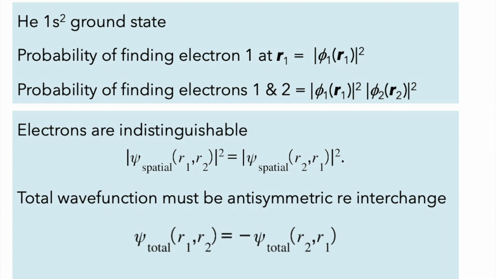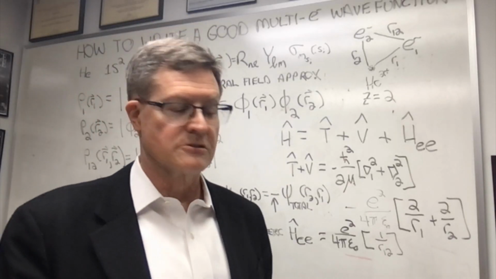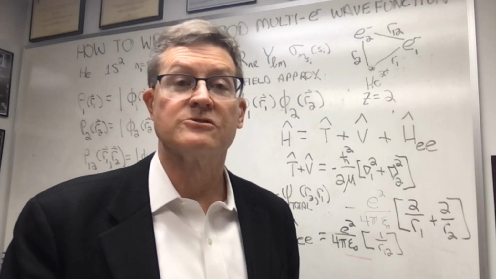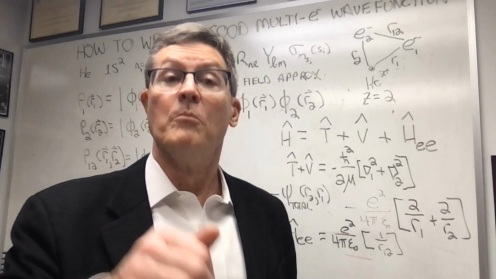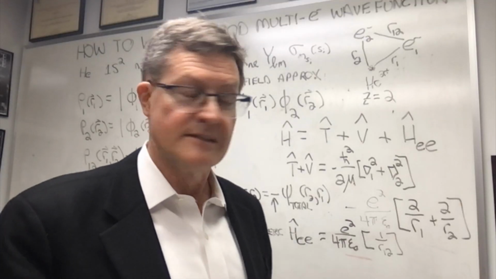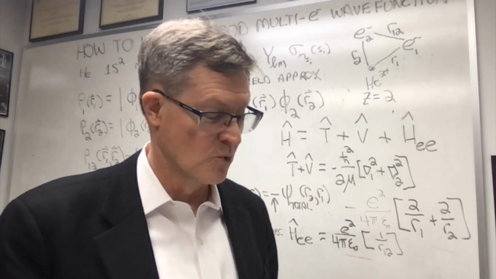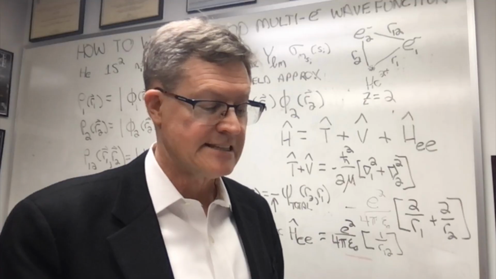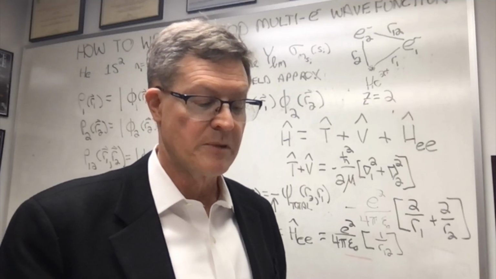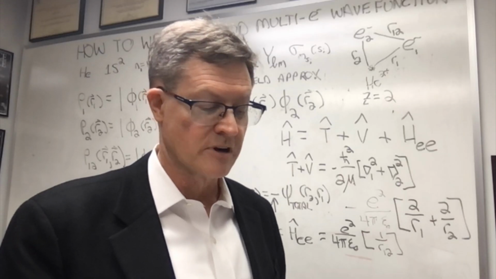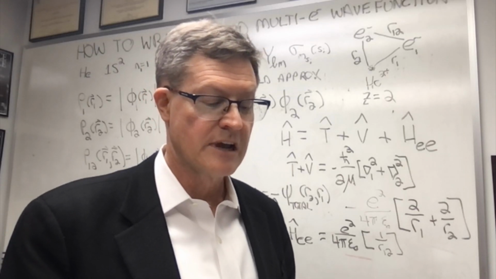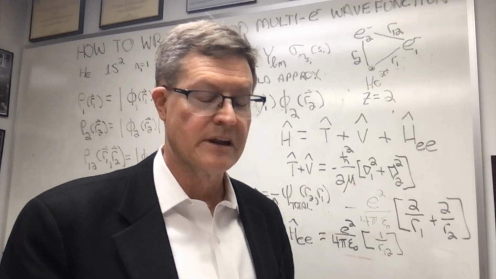This is related to the Pauli exclusion principle, right? The Pauli exclusion principle says no two electrons can occupy the same spin orbital, or more appropriately stated, no antisymmetric wave function describing an n-electron atom can be made up of one-electron functions, two of which have the same set of one-electron quantum numbers.